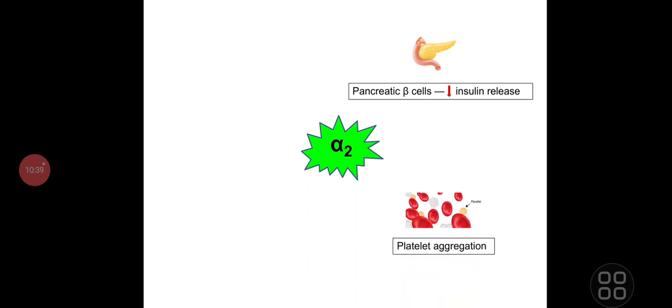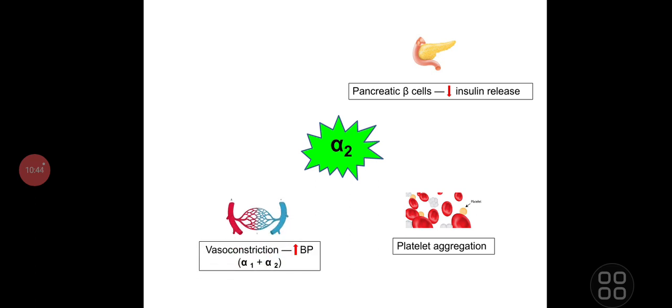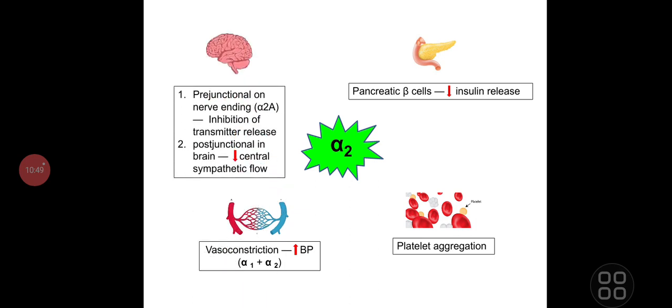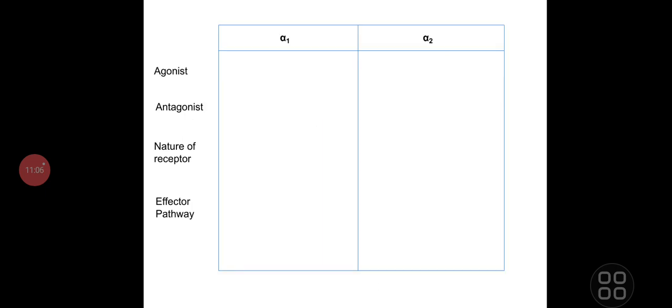The alpha 2 receptor is also present in platelets, so it is responsible for platelet aggregation, and as I already told you, it shows vasoconstriction. In the brain it is present prejunctionally on nerve endings as alpha 2A, so its function is inhibition of transmitter release, and it is also present postjunctionally in the brain, which decreases central sympathetic flow. Now coming to the agonists: for alpha 1 receptors these are phenylephrine and methoxamine, and the alpha 2 agonist is clonidine.